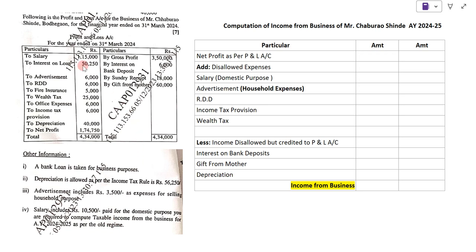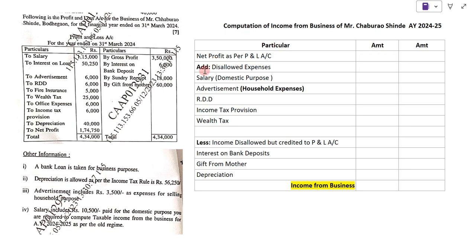Okay, now by this information we have to compute the income from business for Mr. Chamburao Shinde. So the format for computation is as follows. First, you have to start with net profit.